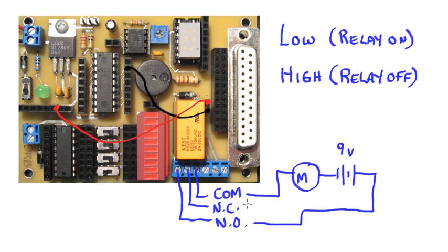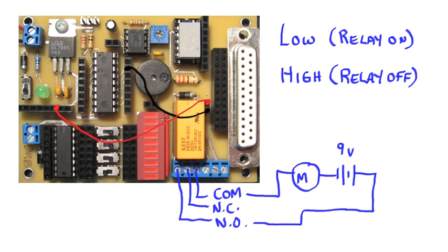In this particular configuration then, in order for this motor to go on, the relay would have to be energized, because whenever the relay is energized, the connection between the common and the normally open will be made, completing this part of the circuit. Motor would be turned on. Whenever the relay would go off, this connection would be broken. It would be open, because in this normal state, relay off, it would be open, and the motor would shut off.